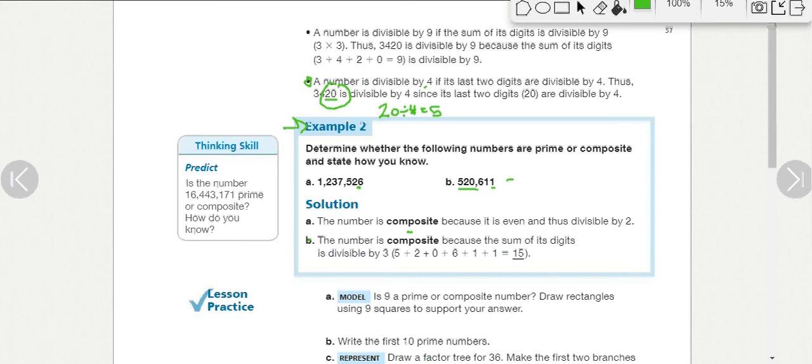But if you add 5 plus 2, skip 0, plus 6 plus 1 plus 1, let's see, 7, 13, that is 15. Is that divisible by 3? Yes, that sum is divisible by 3. That means this whole number that we added together to get 15 is also composite. It's divisible by 3. How do I know? Because it passes the divisibility test for 3.